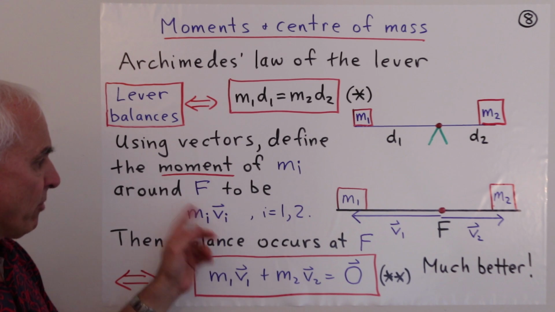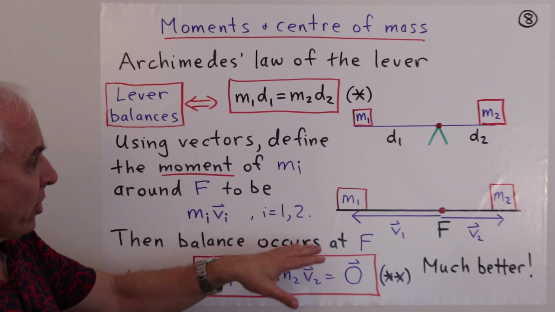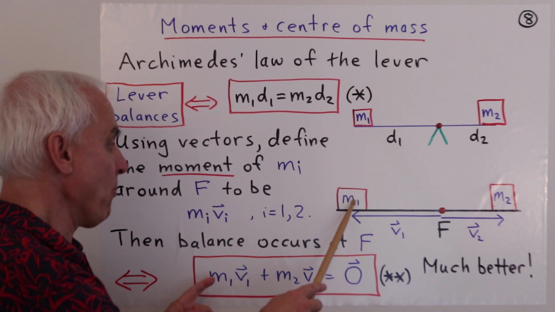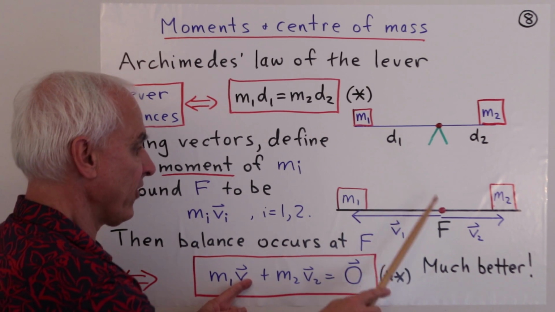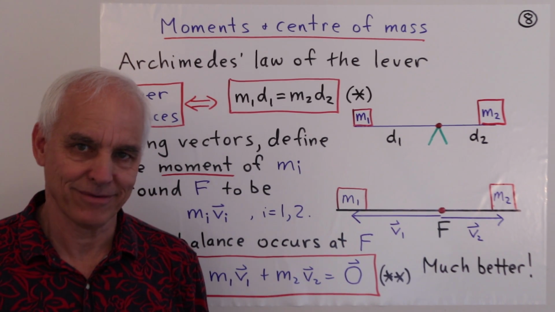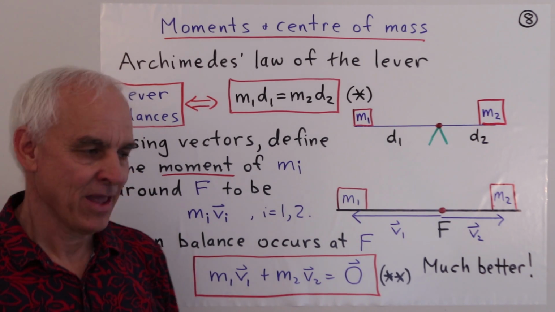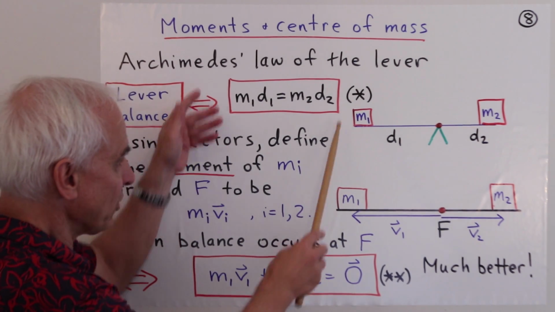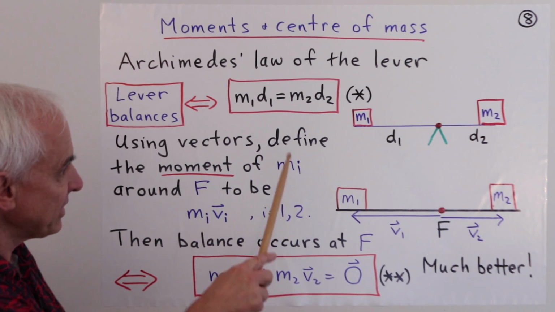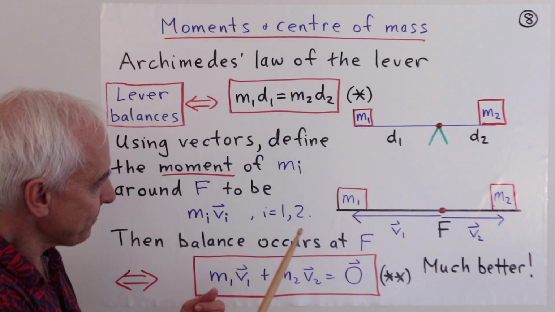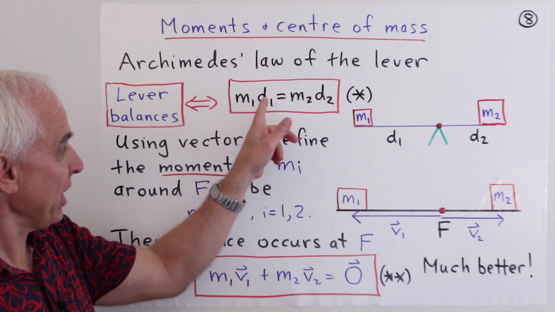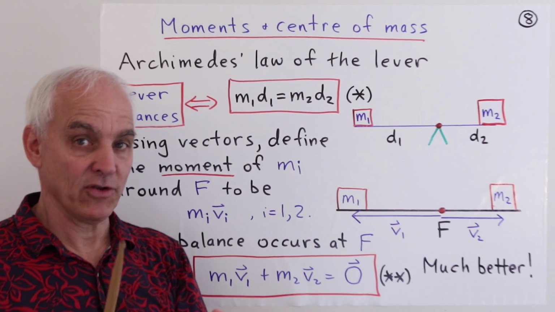Now in terms of these moments, the balance occurs when this relation is satisfied: when M1 times V1 plus M2 times V2 equals the zero vector. This is a rewrite of this original equation in the language of vectors. And you can see that we've exploited the fact that vectors have direction, because over here the distances are necessarily positive.